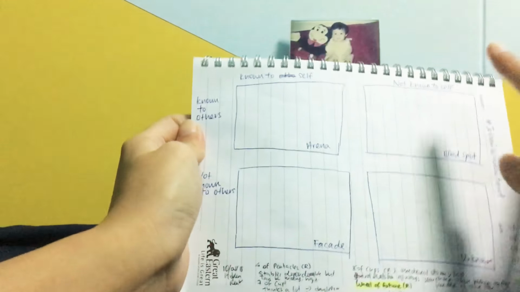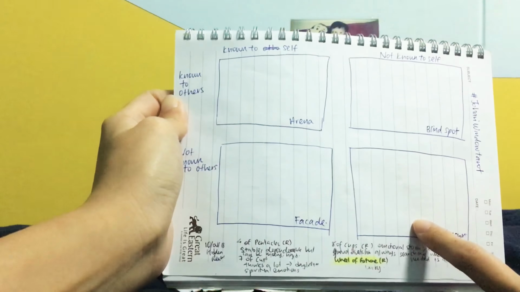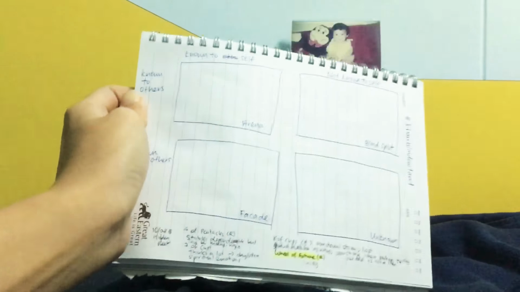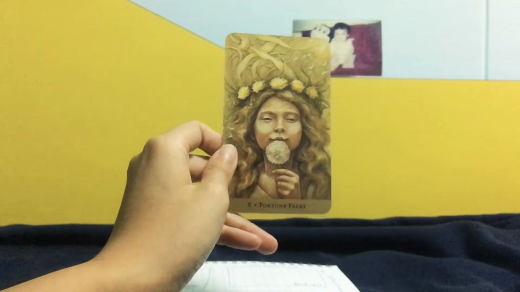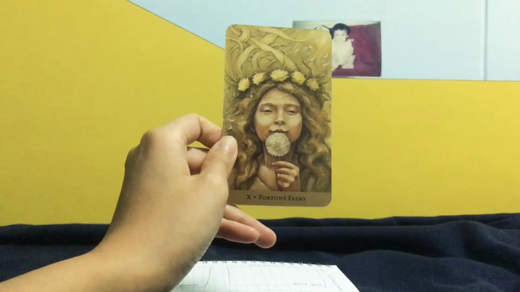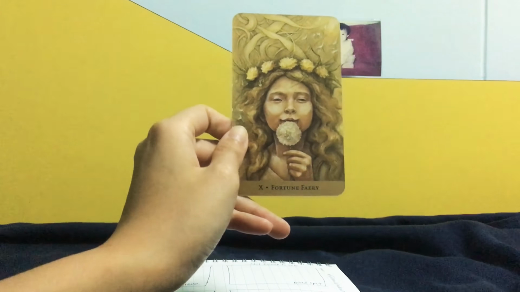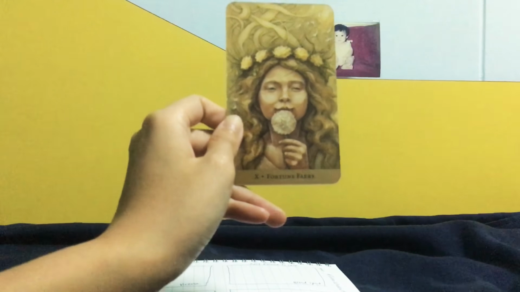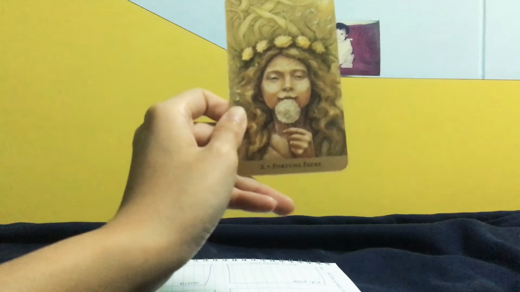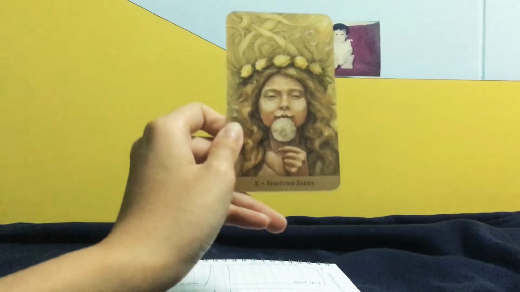And finally, not known to self and not known to others. Is this card which is named differently in this deck, called the Fortune Fairy, or the Wheel of Fortune, as is more commonly known.